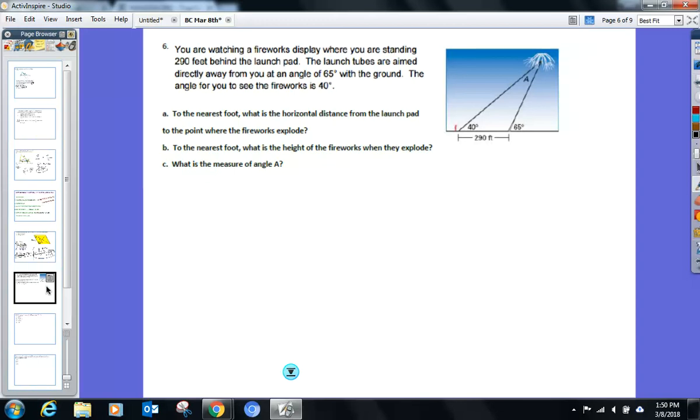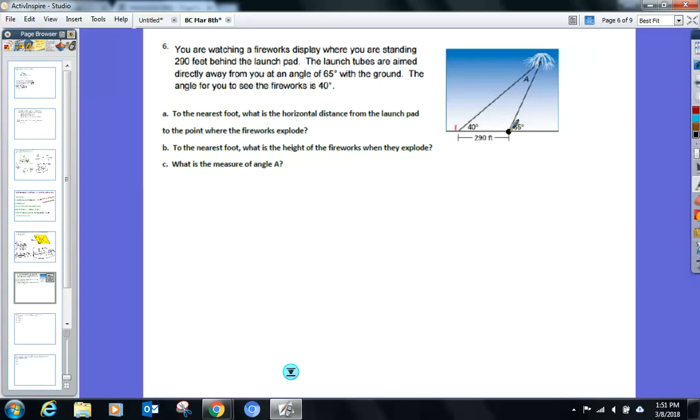Can you guys identify where the launch pad is here? Because that's going to be extremely helpful in the rest of the problem. You, the red person, are standing 290 feet behind it. Everyone identify the launch pad? It's one of the vertices of the triangle. Here you go. There's the launch pad.